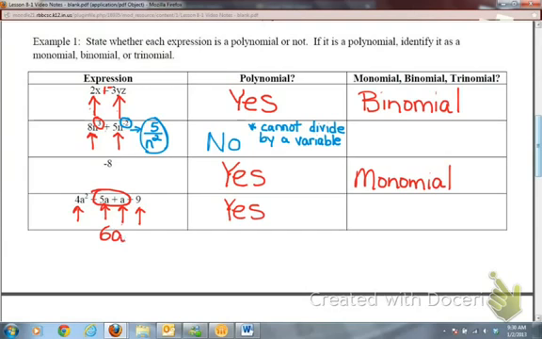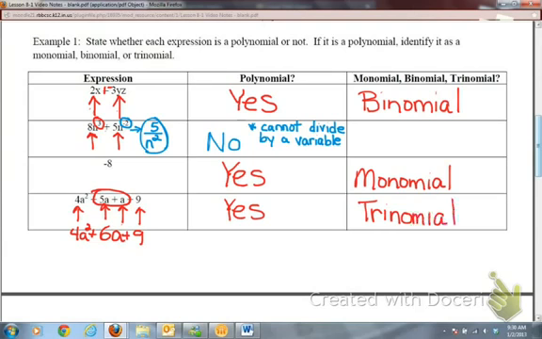So this long polynomial can be simplified into 4a squared plus 6a plus 9. And so that has 3 terms, and that makes it a trinomial. So if you can simplify them, you do to classify them.